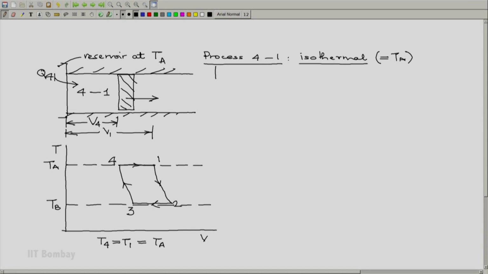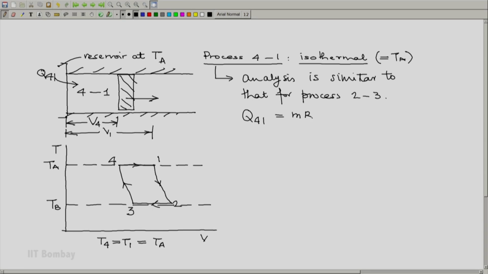Again, we should remember here that the analysis is similar to that for process 2-3, and using the same set of arguments with just a change in the states associated with that process, we will get Q41 equal to mRTa logarithm of V1 by V4.